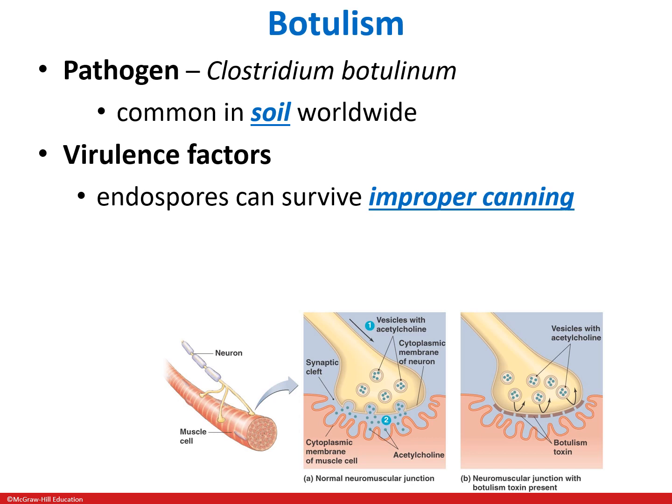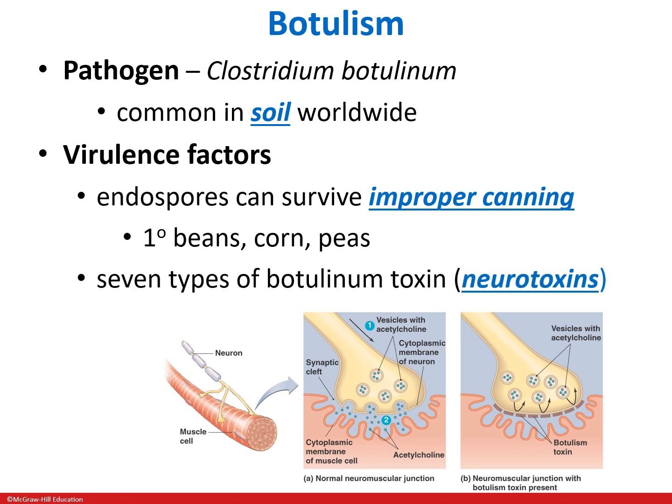So if you can your vegetables, but you don't meet the requirements of time and temperature and pressure, then that soil, which contains the endospores, might still be on those vegetables, and then you ingest the toxins that were produced in the can while it was in that anaerobic space. So primarily beans, corn, and peas, primarily because of the pH associated with those particular vegetables.